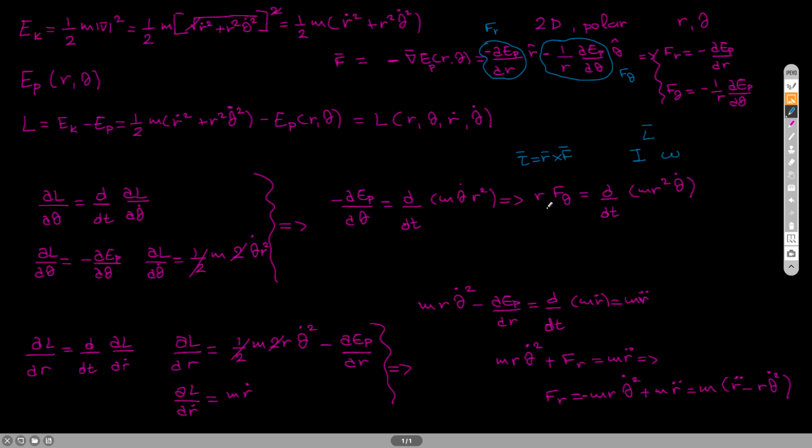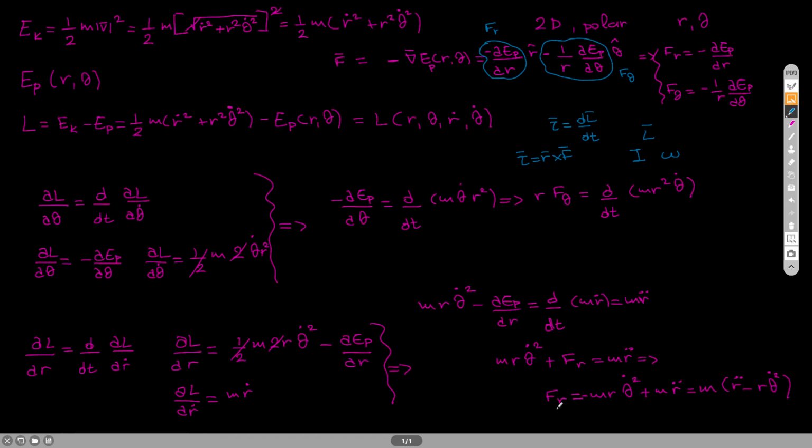What the conceptual meaning of this is that this is what you would have gotten if you applied the angular momentum principle, torque equals dL over dt, in this system. Okay, and we got this expression by not using any vectors and no cross products, no thinking about translational or spin angular momentum. We found this expression simply by doing partial derivatives of energies.